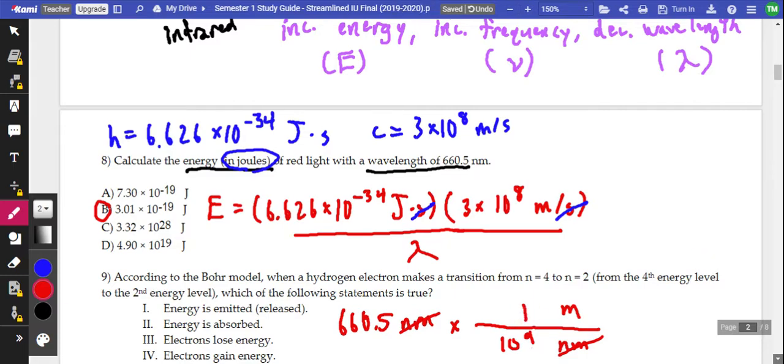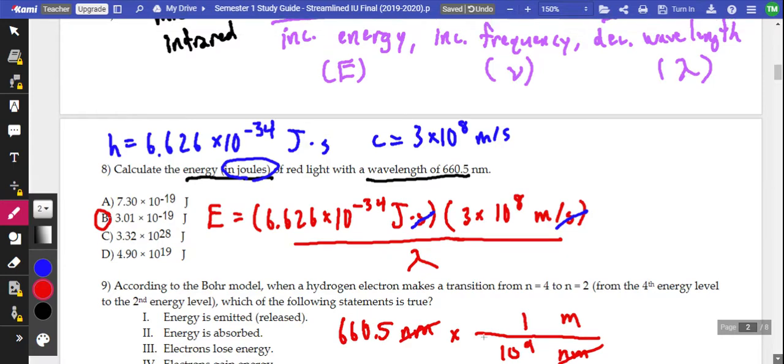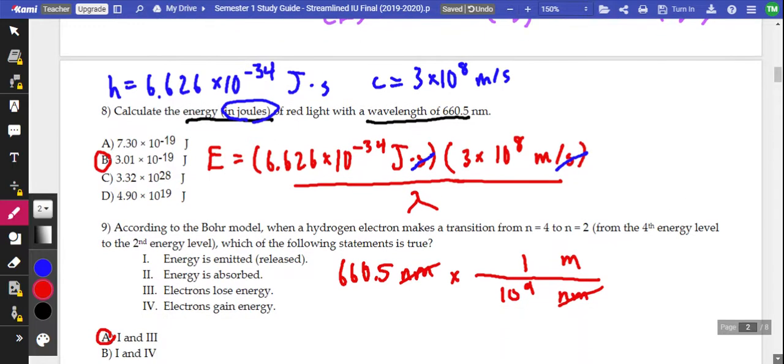You could also say that 10 to the negative 9th meters is 1 nanometer. That also works. You'll sometimes see this as 1 times 10 to the 9th, because having just the 10 to the 9th there makes people uncomfortable sometimes, but it means the same thing. So I'm going to leave it like this: 10 to the 9th nanometers is going to be 1 meter.